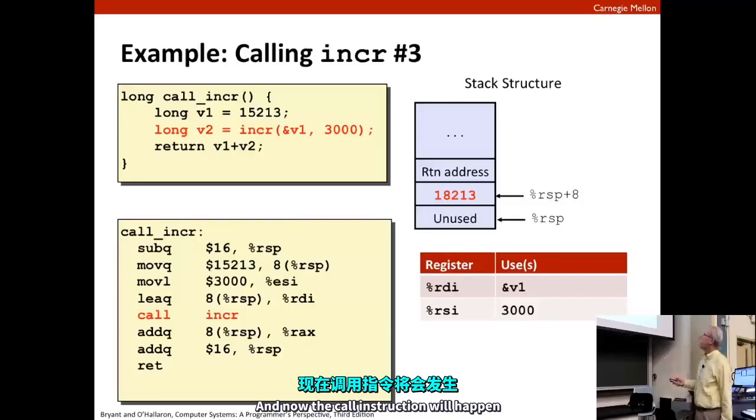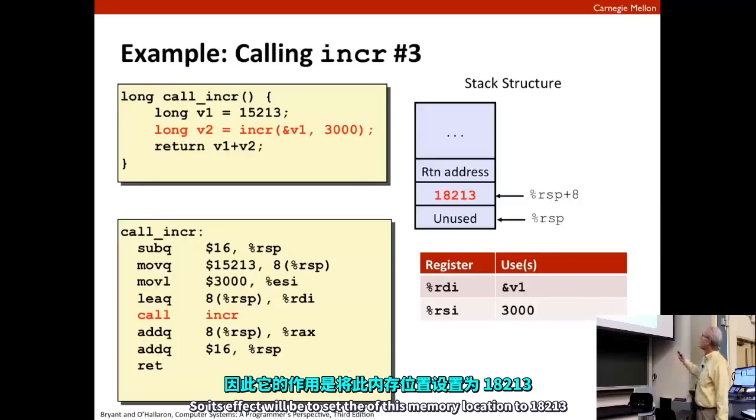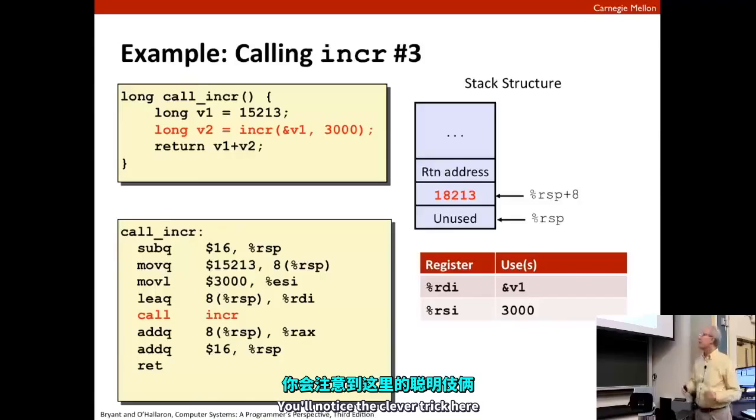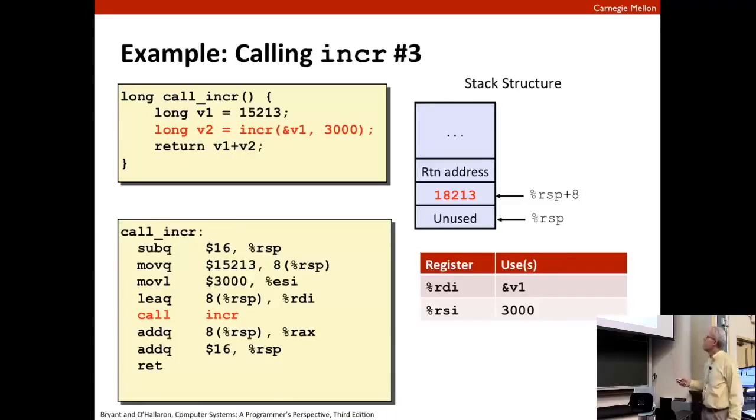And now the call instruction will happen. You'll recall that the function adds these two numbers and stores the result back in the pointer. So its effect will be to set this memory location to 18213. It will also return a particular value, which we won't make use of the return value. Oh, no, we do make use of the return value.